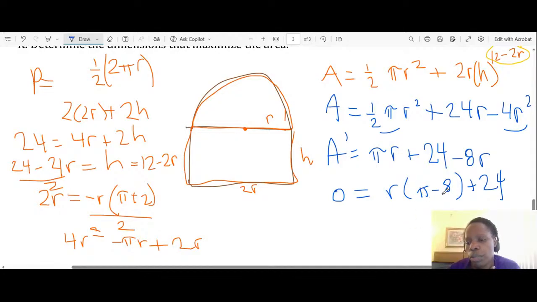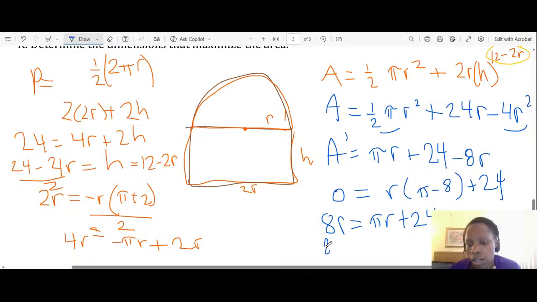Actually, no, because pi minus 8 is going to give me a negative number. So let me just say 8r is equal to pi r plus 24.